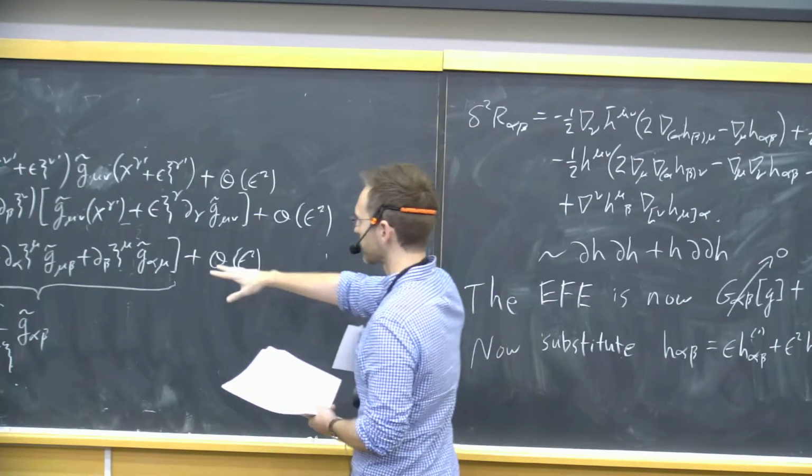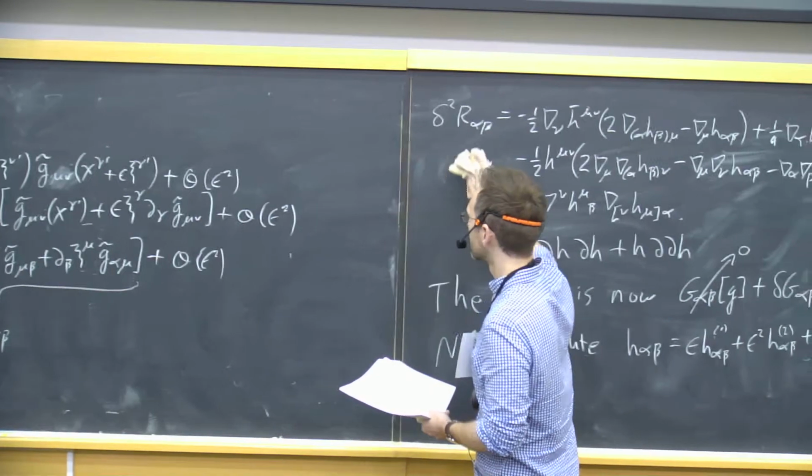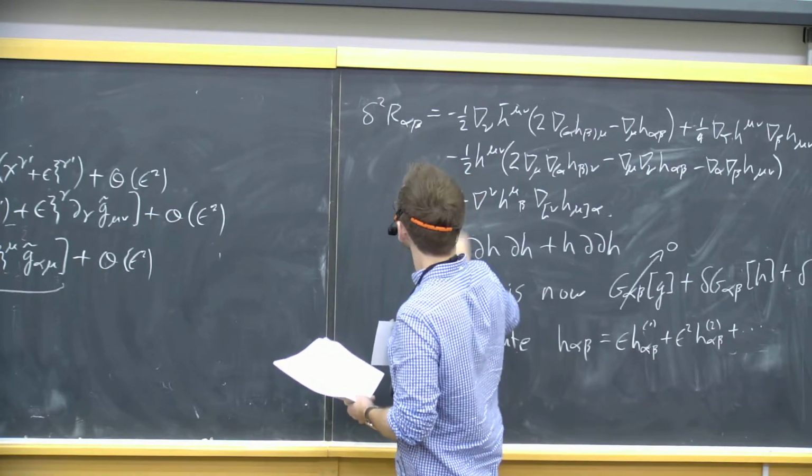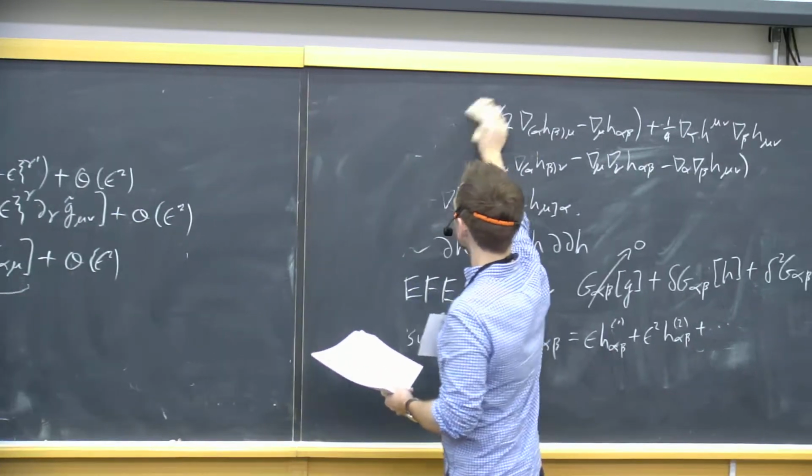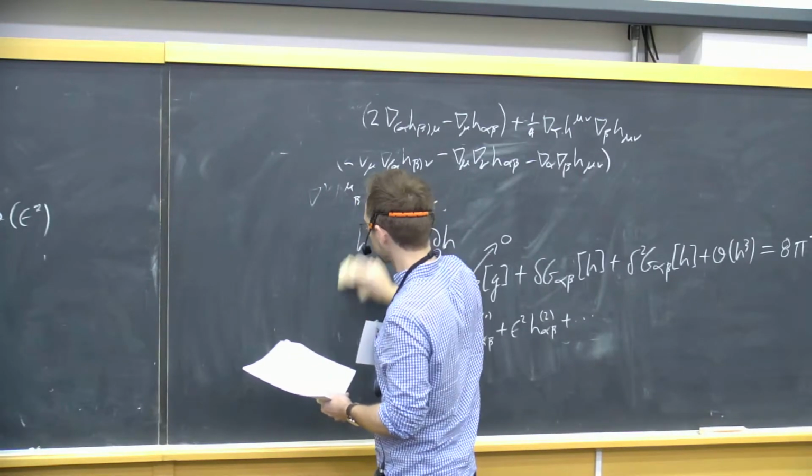Okay, so this is still for g tilde, the total metric. Now let me split that up into a background plus a perturbation.